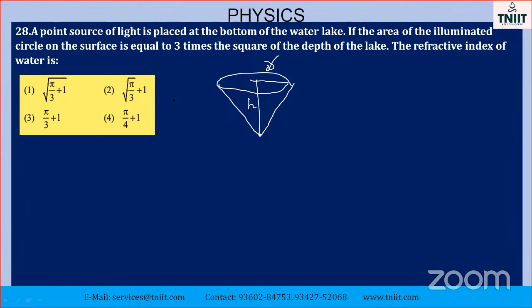Now I have given one formula. If the ray of light is passing here, this will go at 90 degrees.